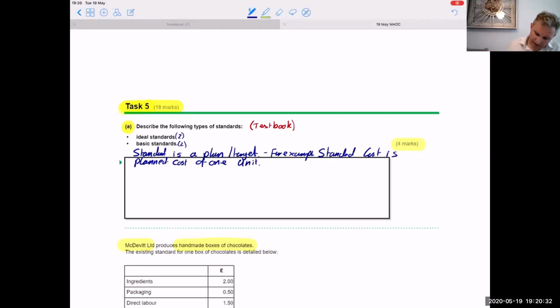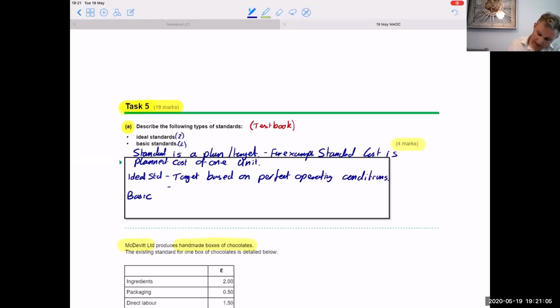Okay, so I can say, well, an ideal standard versus a basic standard. Now, an ideal standard is the target that's based on perfect operating conditions.